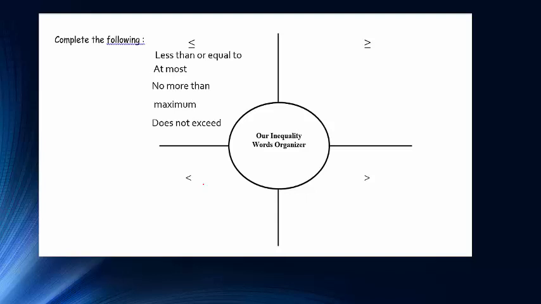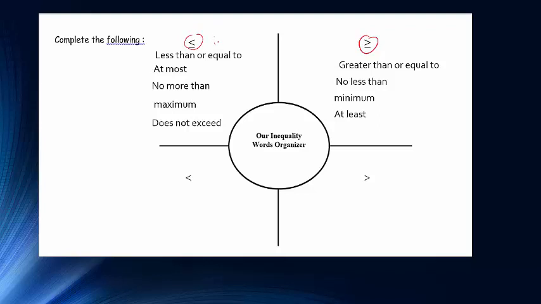And sometimes we say it doesn't exceed a certain value. The next symbol should be greater than or equal to. That's probably what you've learned. Other words you'll see will be no less than, minimum, at least.